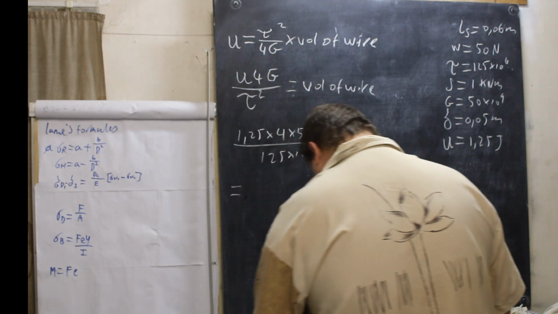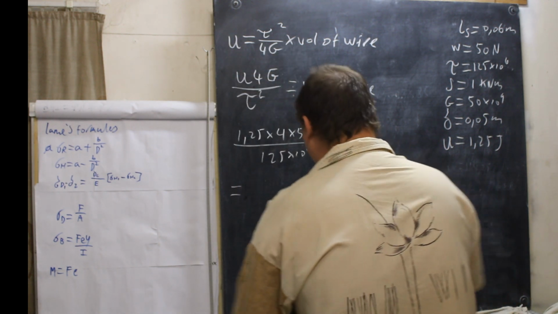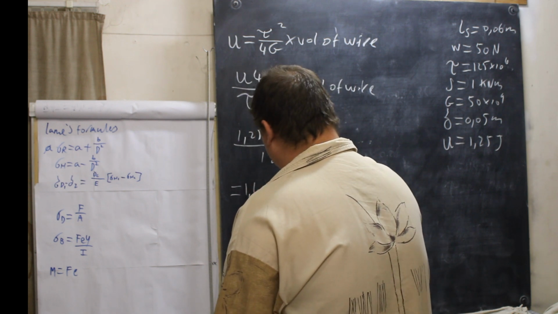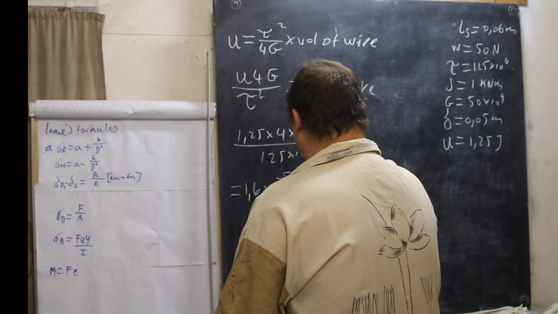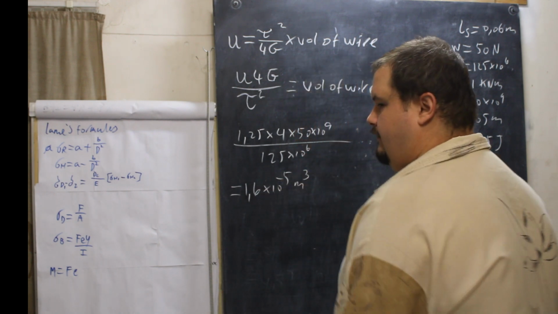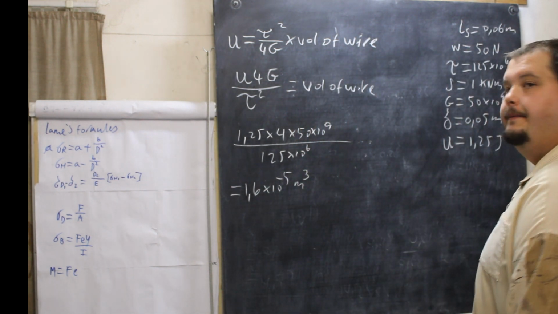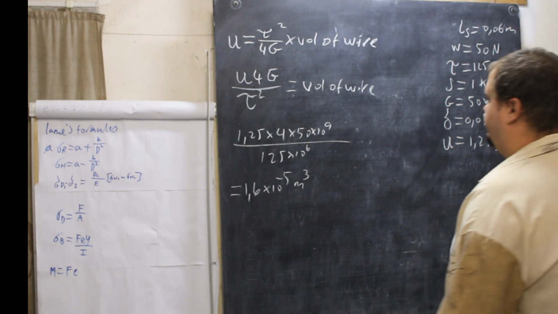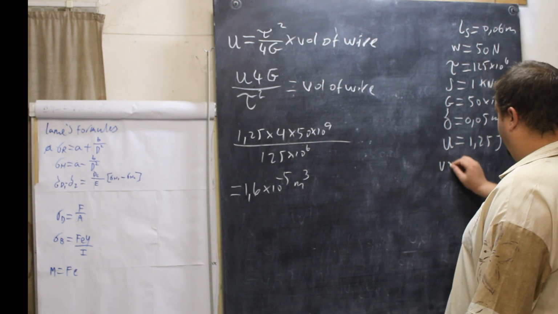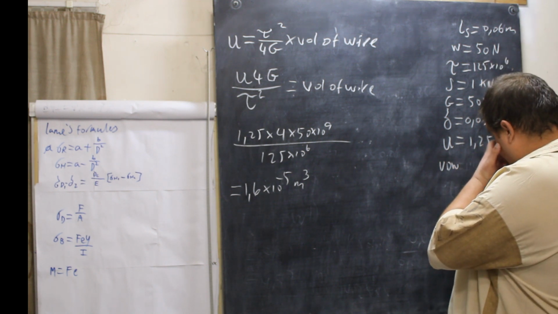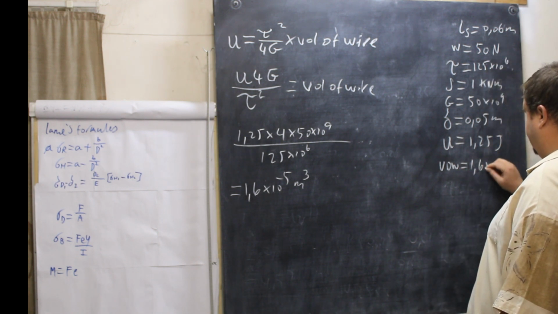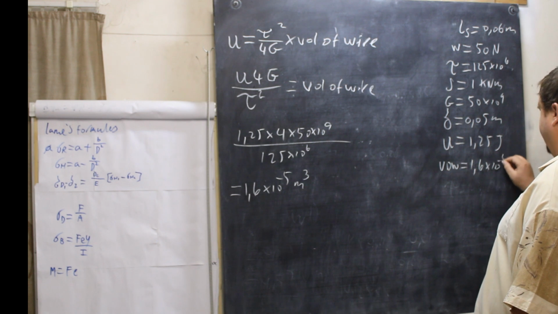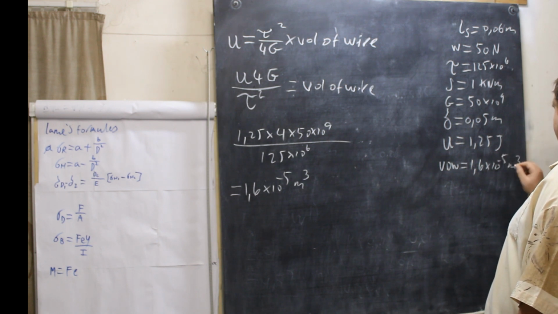And this equals our answer of 1,6 times 10 to the negative 5 meters cubed. That is the volume of the wire. So, volume of wire is equal to 1,6 times 10 to the negative 5 meters cubed.